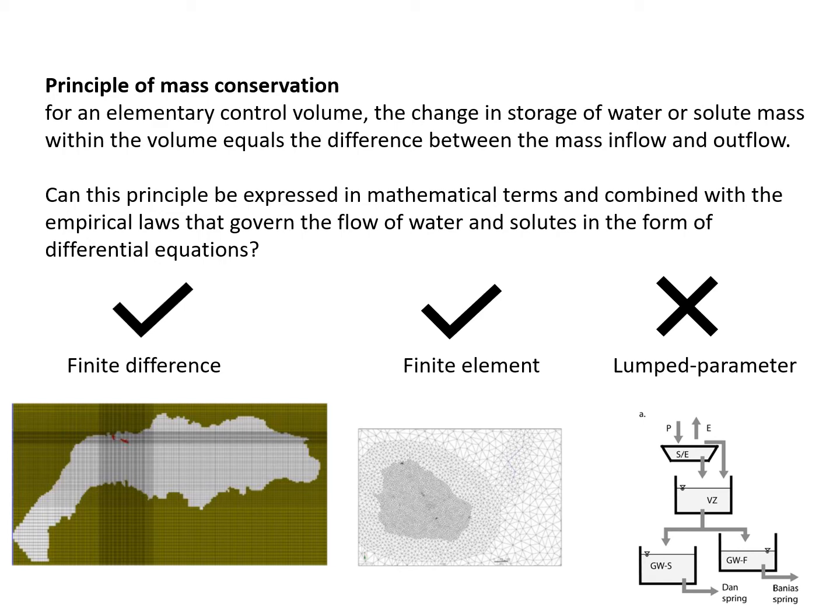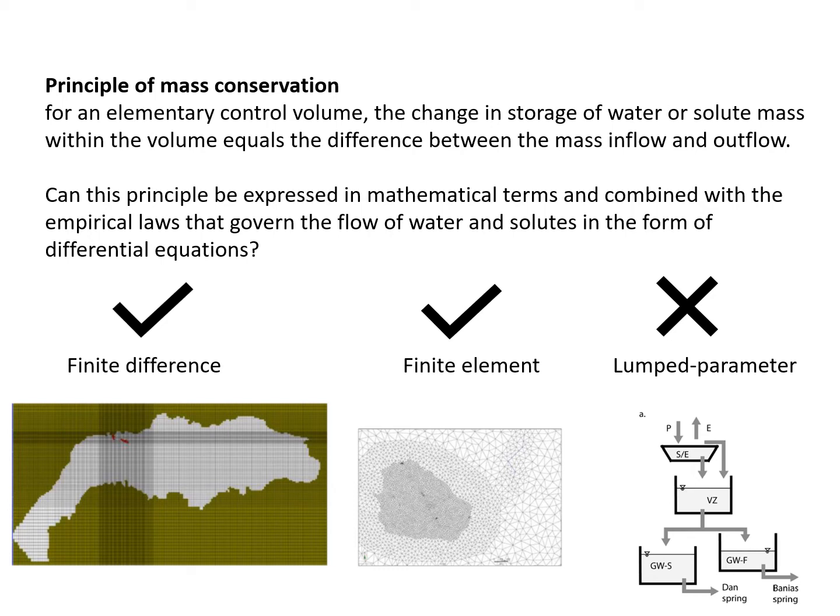It's full of caves and conduits, and the water can move very rapidly through these cave and conduit systems, but we don't know where they are, and we very regularly cannot obey the principle of mass conservation because we don't know where the water is going.